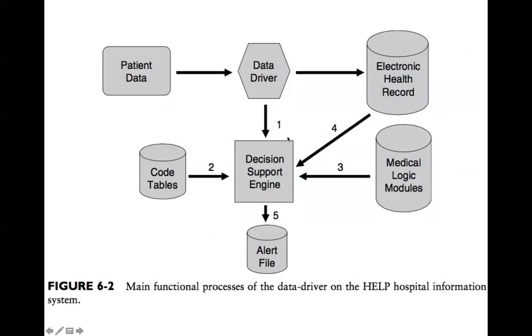This is somewhat repetitive: the patient data goes to the data driver, goes to the electronic health record, then goes to the decision support system, then sends the alert. With this kind of diagram, when you create the machine, you need to avoid slowing down the machine.